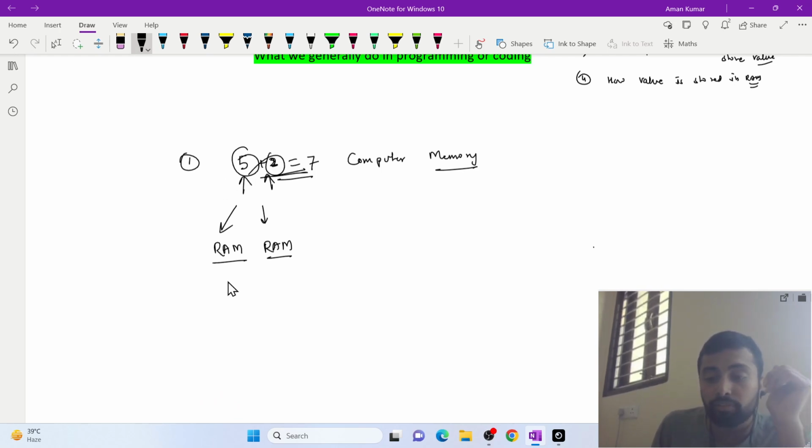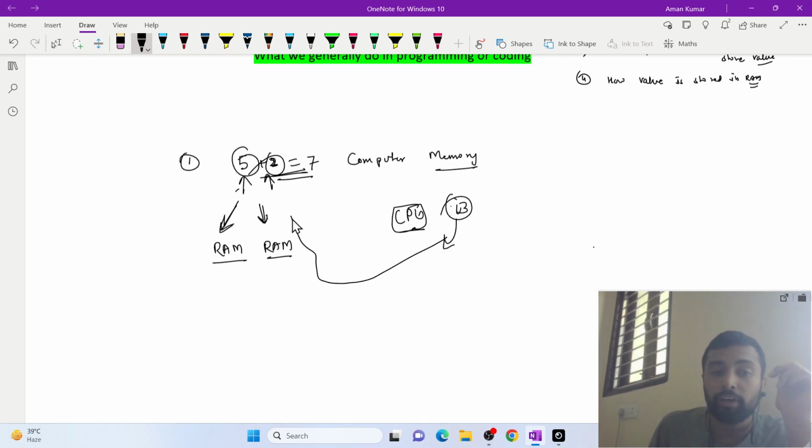Once this is stored, then your CPU, let's say if you are working on a computer with an i3 processor, this processor's task is to perform 5 plus 2 on these values stored in the RAM.